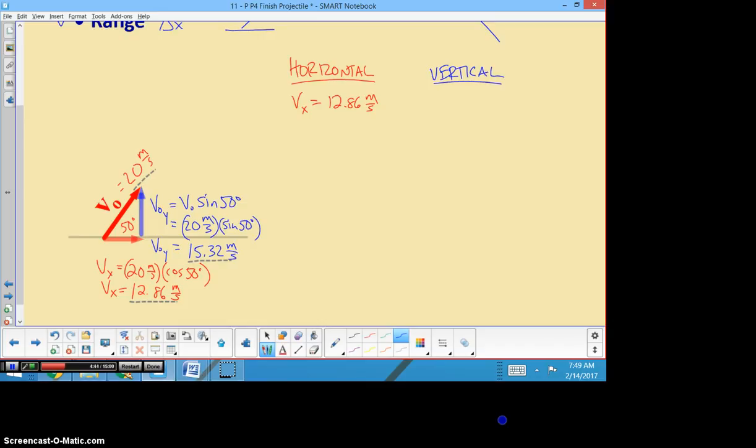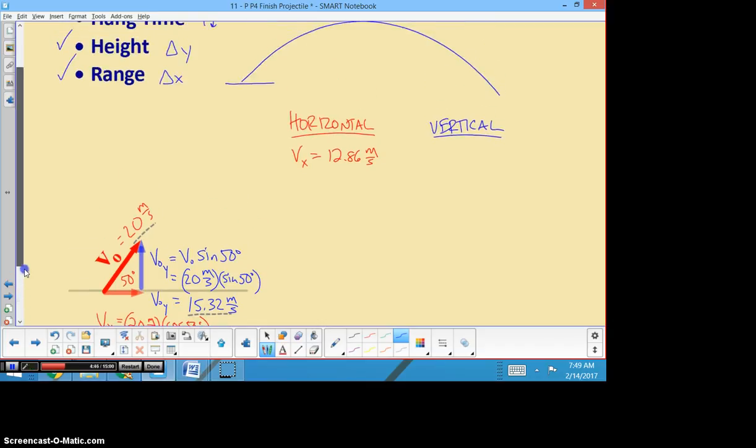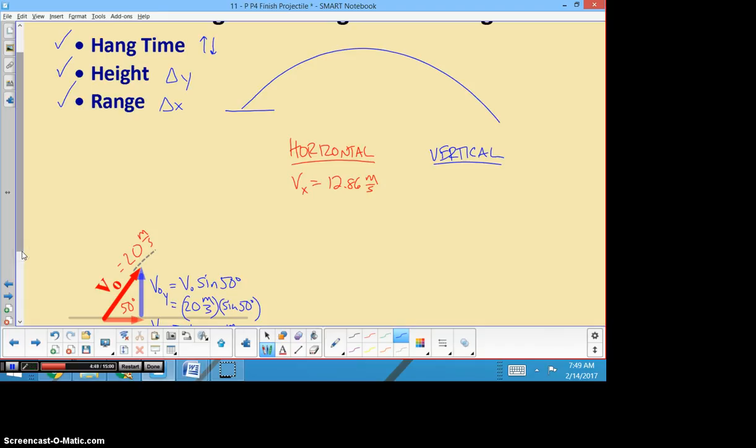Now, if we think about the motion of a projectile, we know that at the peak, the vertical velocity is 0. The vertical velocity is 0 at the peak of this motion. That is going to be critical for us to have some information.